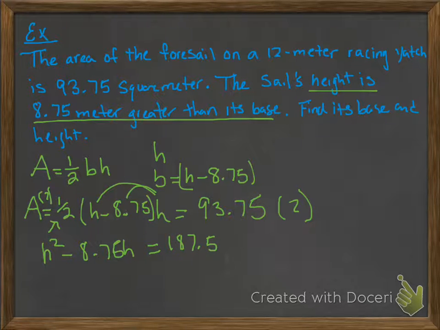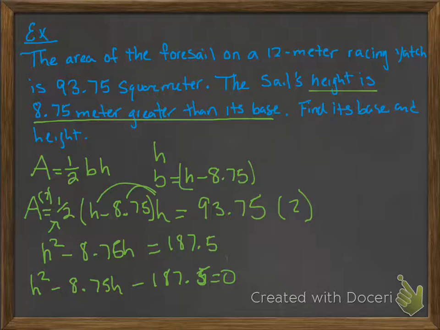Now I'm going to bring everything over, and h squared minus 8.75h minus 187.5 is equal to 0. This is a little bit more difficult of factoring, and I don't expect you to do this in your heads. We'll have much prettier numbers.